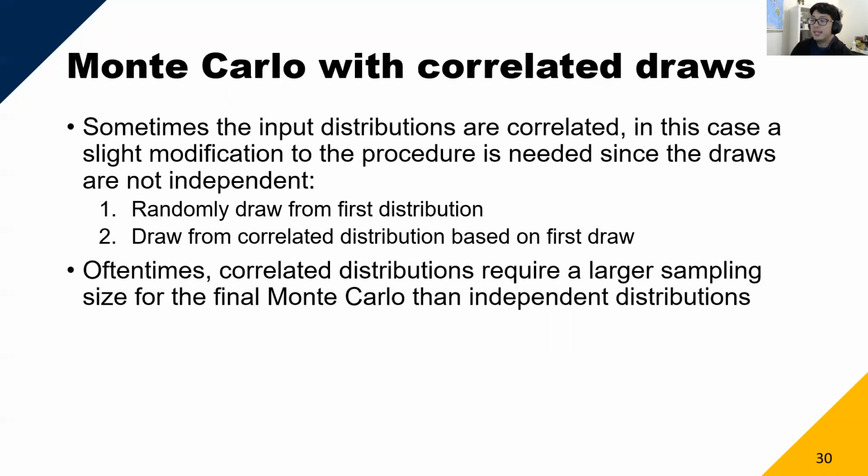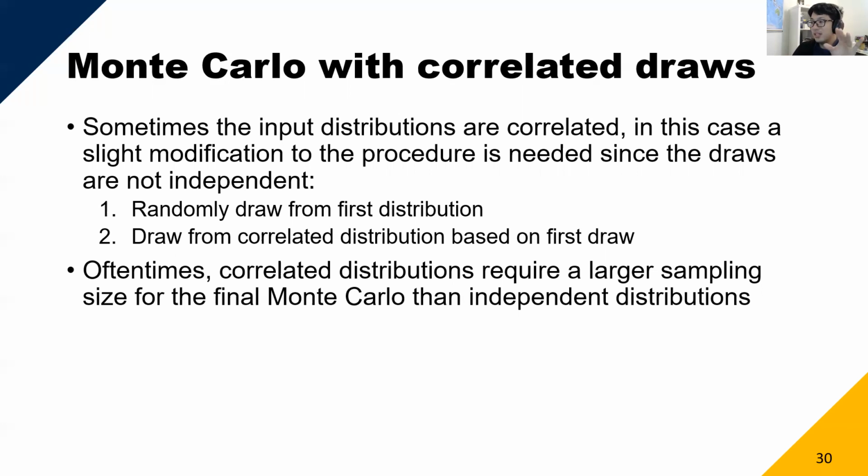One little nuance about Monte Carlo is that you could have inputs that are correlated. In other words, if you have X1, X2, X3 going into the model, but X1 and X2 are correlated, you can still do Monte Carlo with correlated draws. In this case, you need to slightly modify the procedure since the draws are not independent.